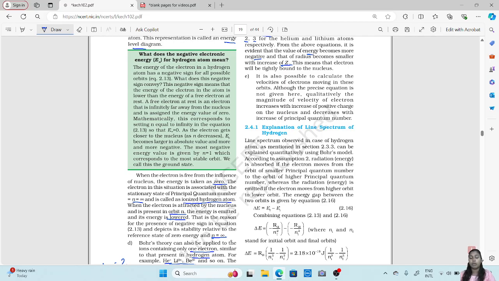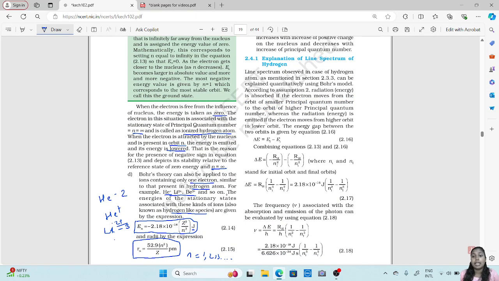So as you increase the protons, the velocity will also increase. The magnitude of velocity of electrons increases as the positive charge of the nucleus increases and decreases with increasing principal quantum number, that is n. When n decreases, the velocity of the electrons increases.